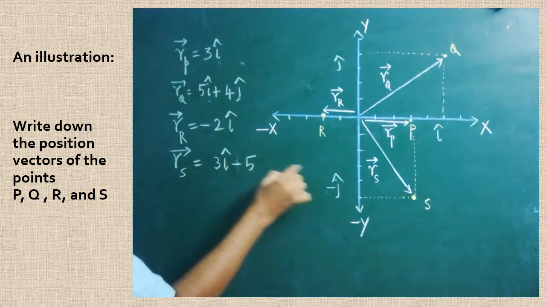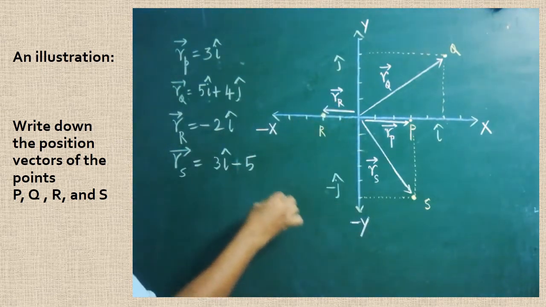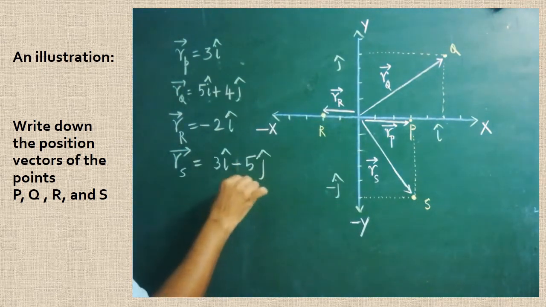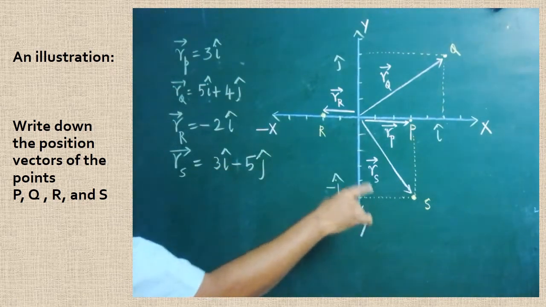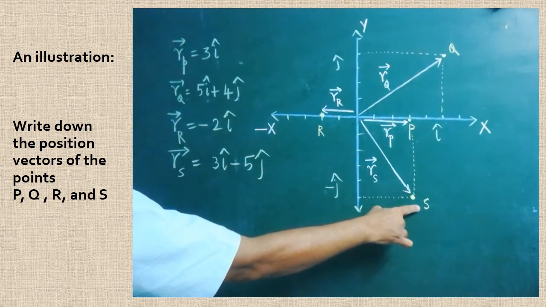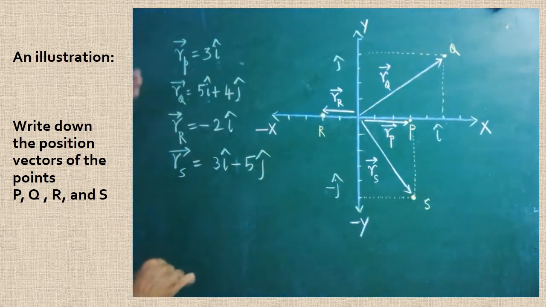Write the number of units. After that, since it is located in the negative y direction, symbolically you have to write j cap. That minus 5j cap shows that with respect to y-axis, it is located at 5 units away from the origin.